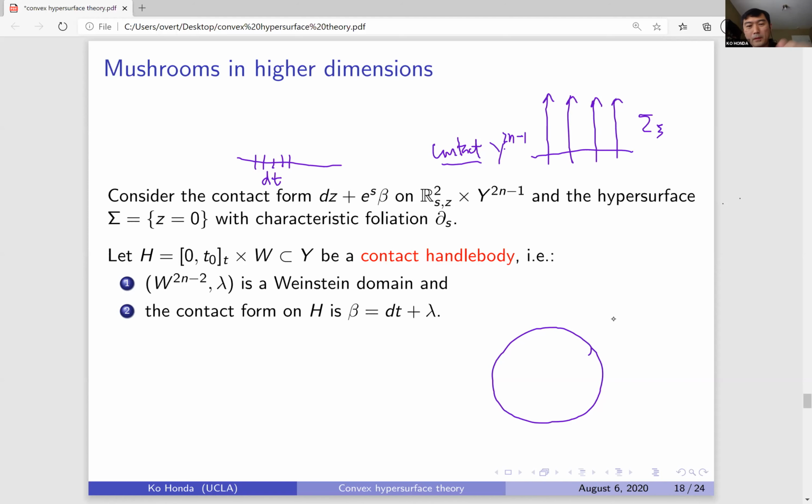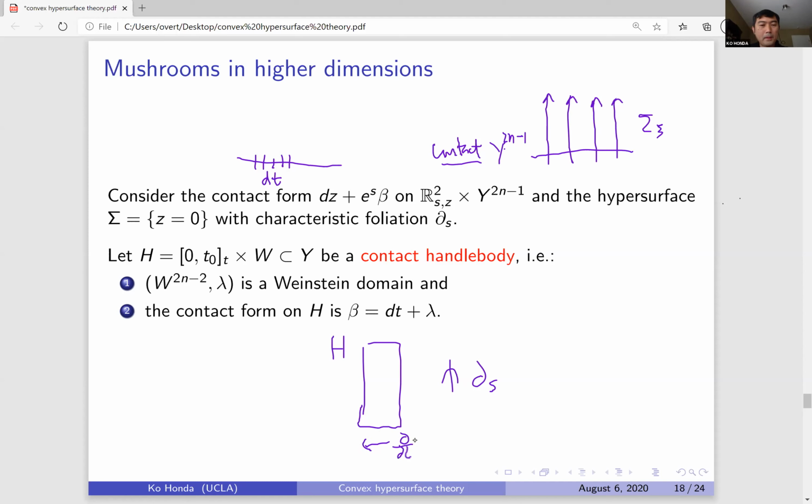Let's call it the profile, namely the portion that's transverse to the d/ds. It is called a contact handle body, and it's modeled on the following thing. It's d/dt, so this is the d/dt direction, and you have coordinates 0 to T0.